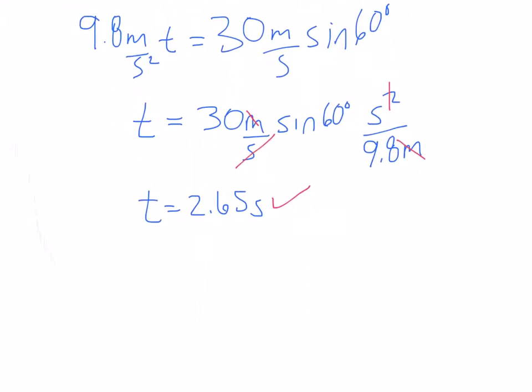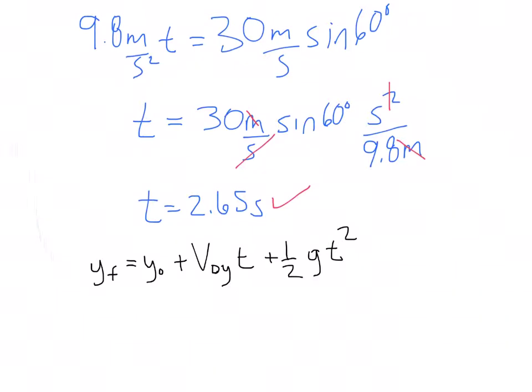So we got this t, and now we're going to substitute it back in. We're going to use the formula y final equals y initial plus initial velocity in the y direction times t plus 1/2 g times t squared.